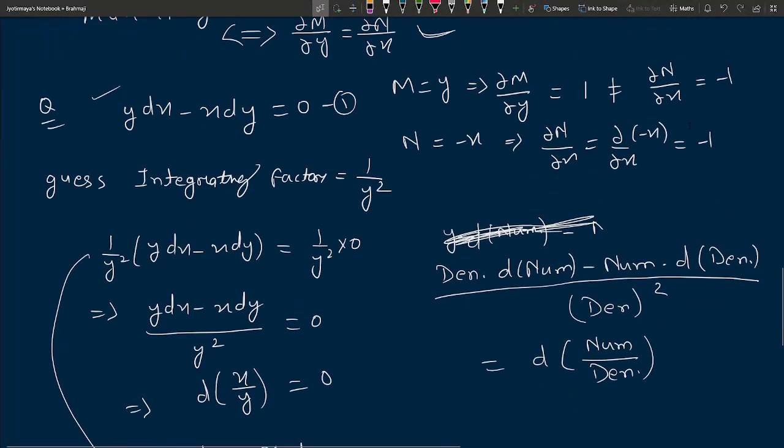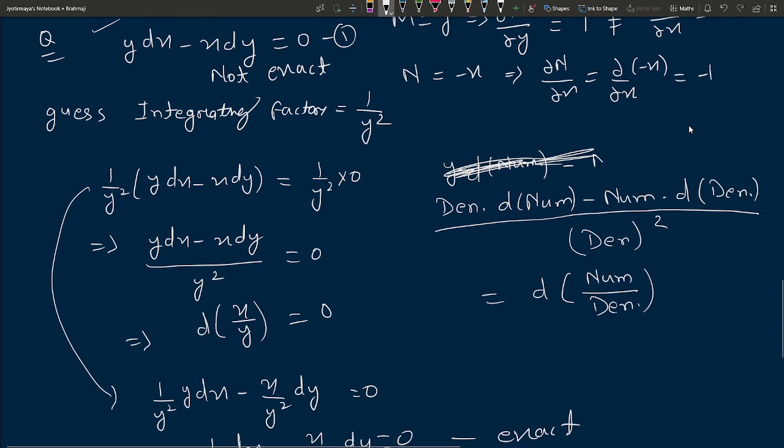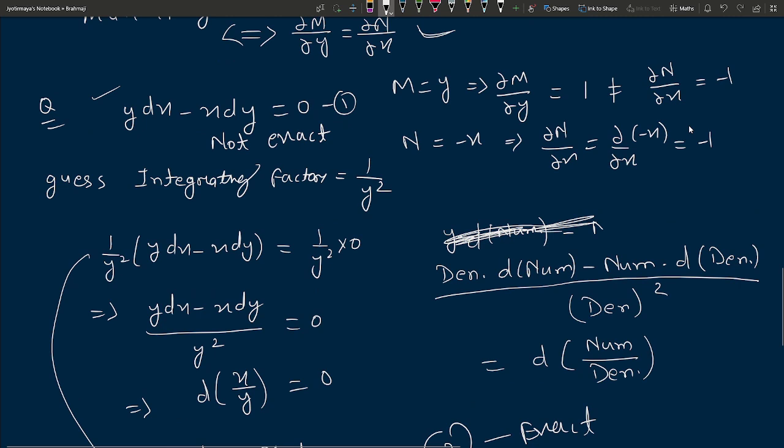But the original question was not exact. Equation 1 is not exact, but after multiplying, equation 2 is an exact differential equation. So you can convert a non-exact equation to an exact one. Here equation 1, y dx minus x dy equals 0: m is y, n is minus x, del m by del y is 1, but del n by del x is minus 1, so not exact.